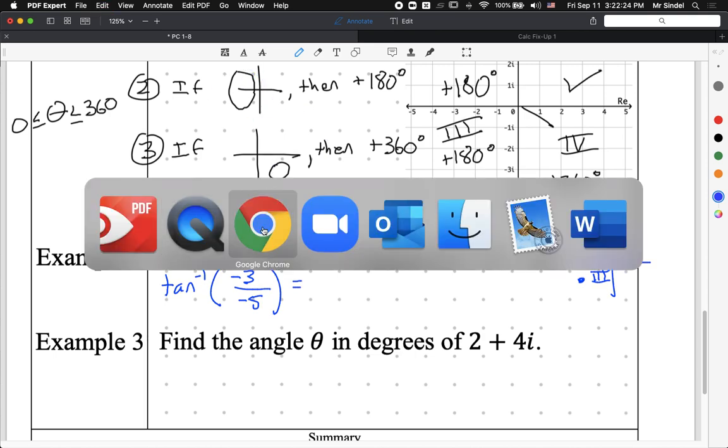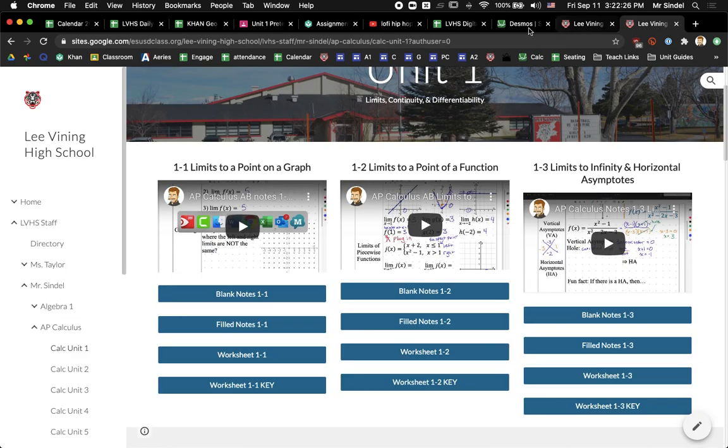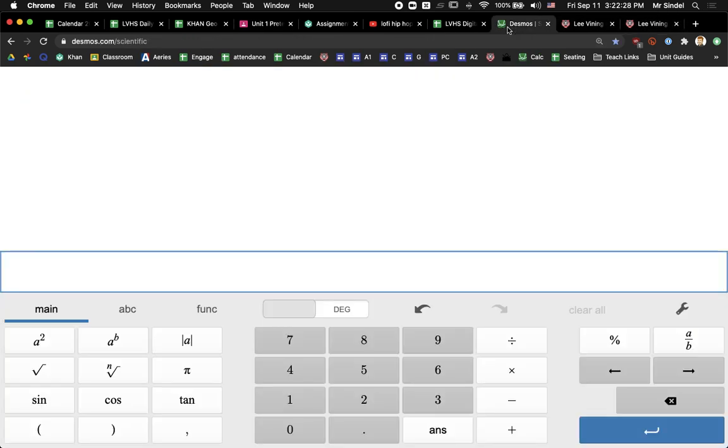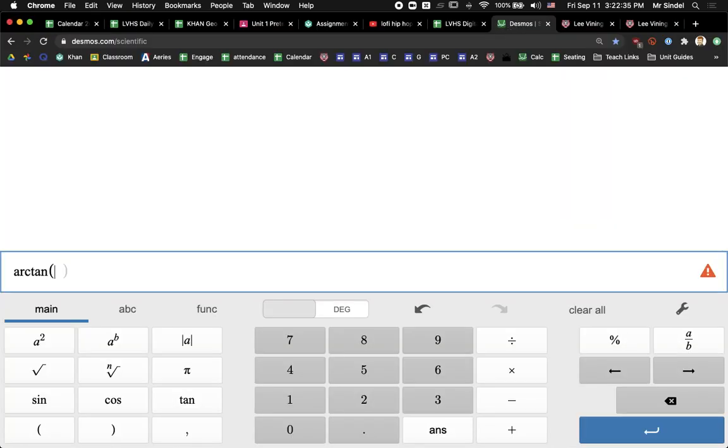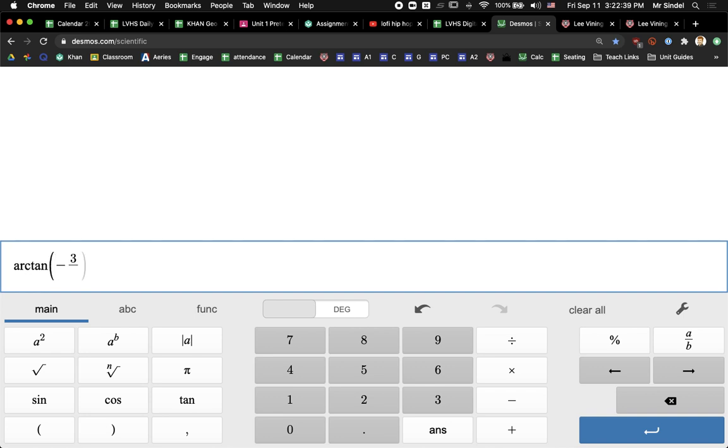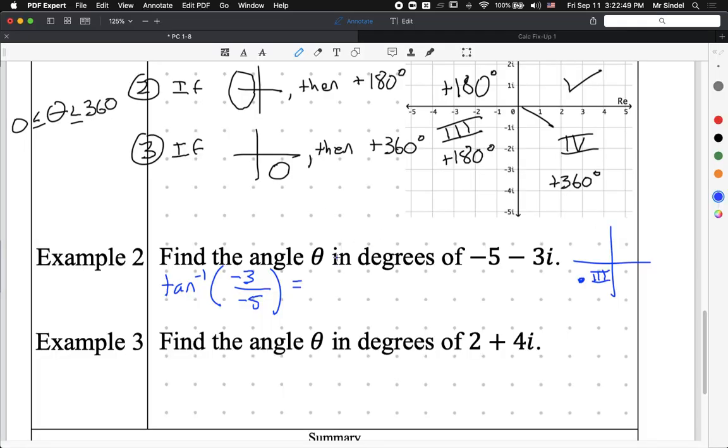So let's go to the calculator. Let's do arctan of -3 over -5, which is the same thing as 3/5, but I can just do -3 over -5. By the way, it doesn't matter where this negative goes. I could put it up here, and I'll still get 30.96. I want to round to 2 decimal places. It doesn't say where to do it in the notes.